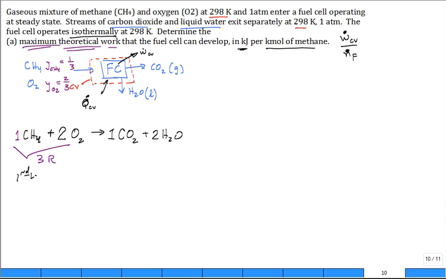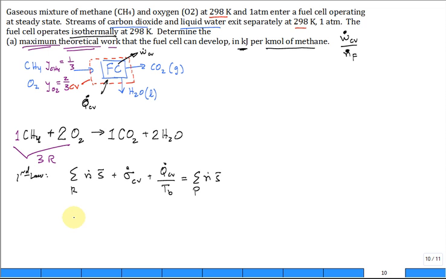So our second law would read something like the sum of the molar flow rates times their absolute entropy for each of those reactants, that's all coming in, plus any irreversibilities that would create or produce entropy, that's an N, inside that control volume, plus Q dot coming into the control volume divided by the temperature of the boundary of the control volume, which is going to be 298 Kelvin, equal to the only out, the sum of the molar flow rates times the absolute entropy of all the products.